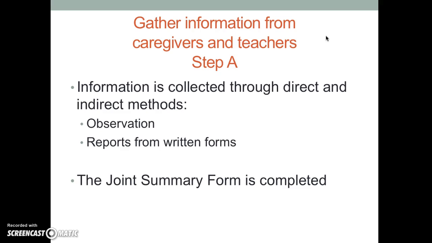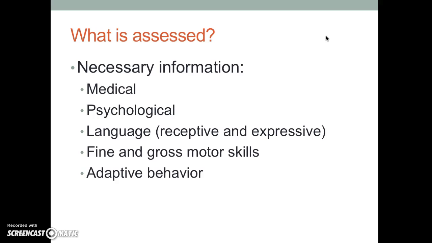Once all of that information is collected, then this joint summary form is completed. And that's what collaboration is all about: pulling all the data together, putting it into a single pile of this is what we know about the student, and this is where we want to get as a goal for the student, and starting to prioritize items.